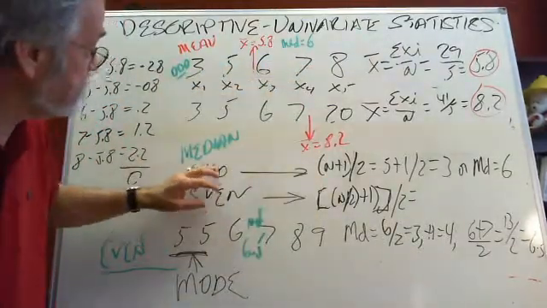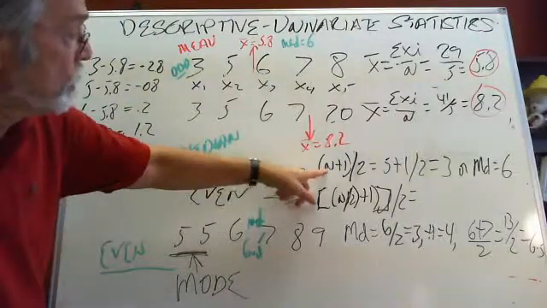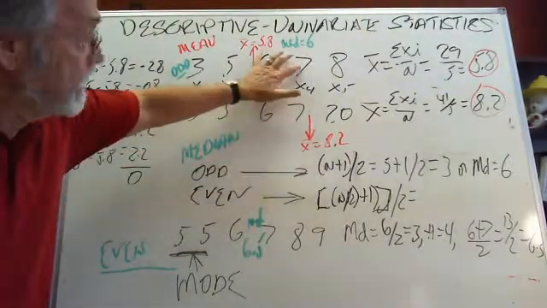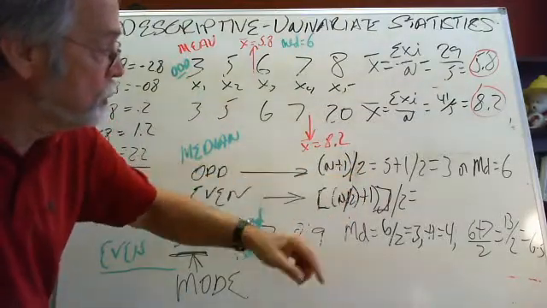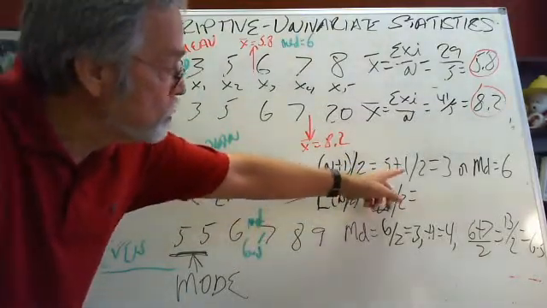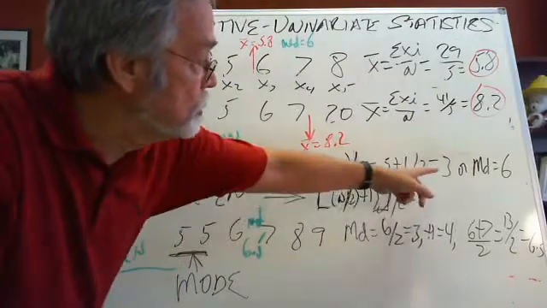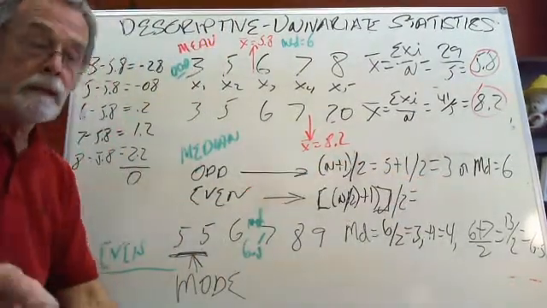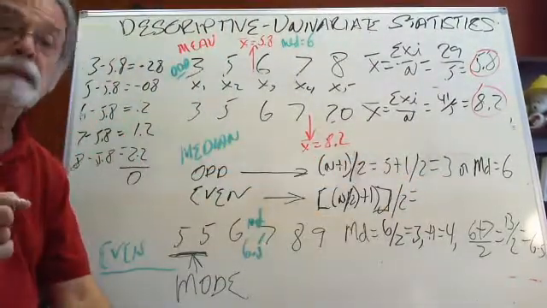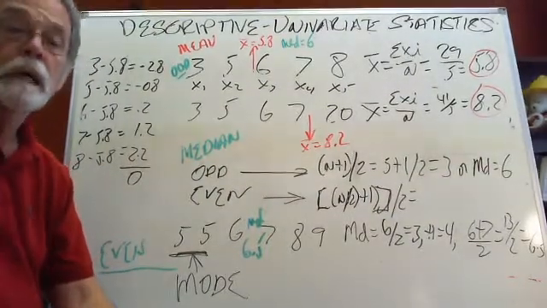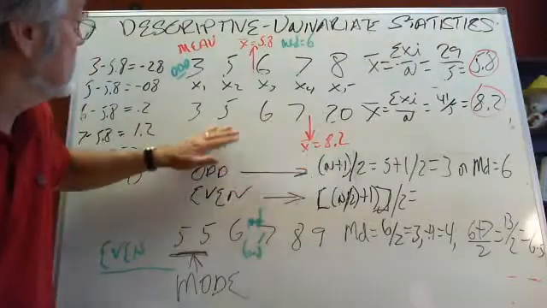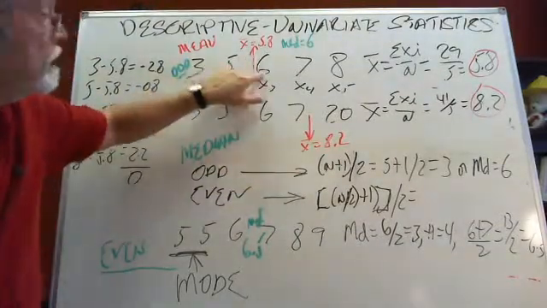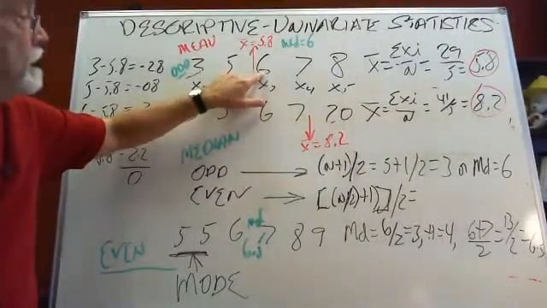This is all laid out in your textbook. Odd distribution. So we would add up the numbers in the distribution, which is 5, plus 1 is 6, divided by 2 is 3. Now 3 here is not the median, it is the position in the distribution where the median lies. So if this is odd, 1, 2, 3, that's the median.